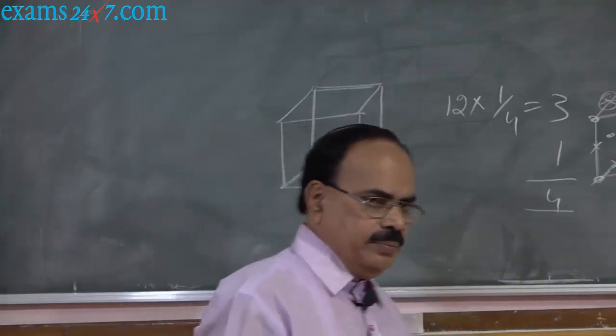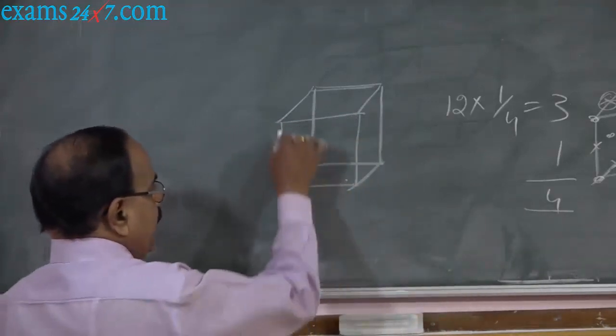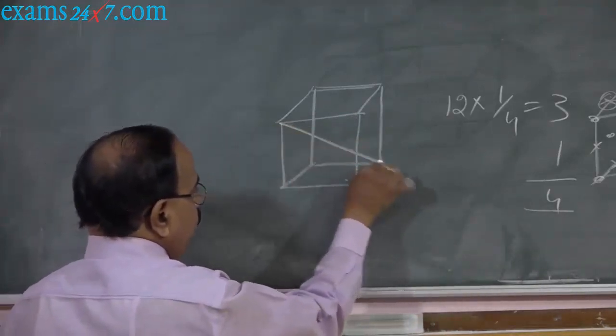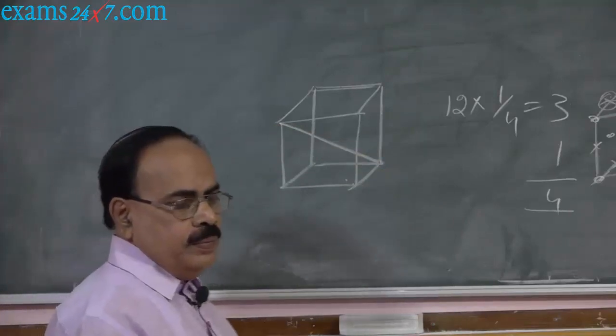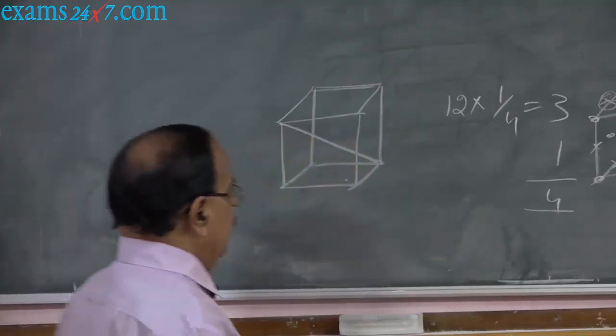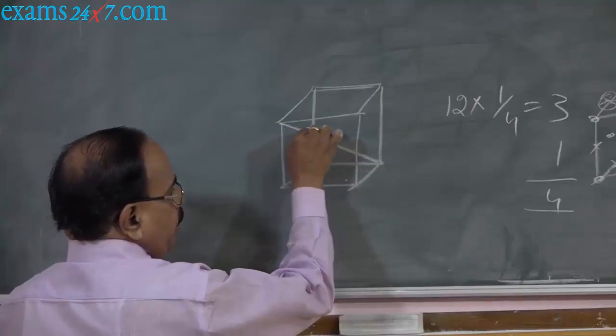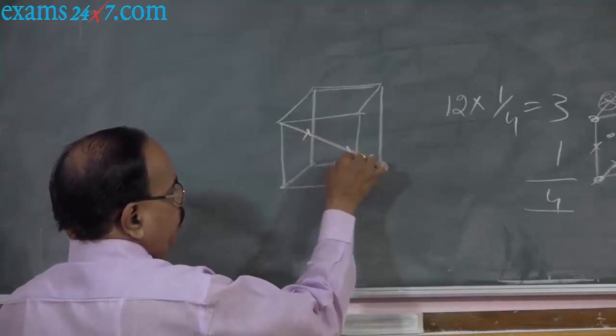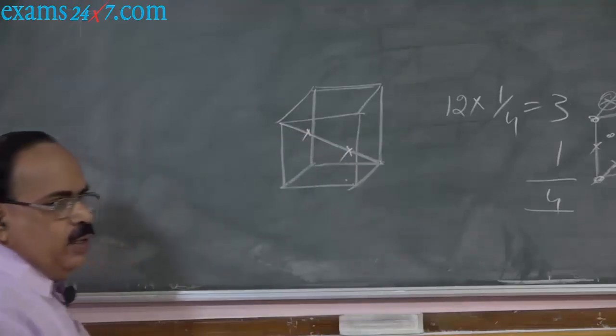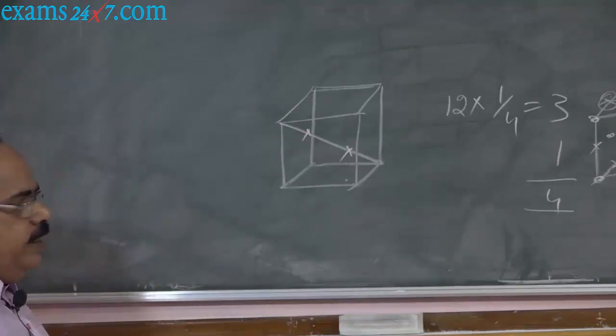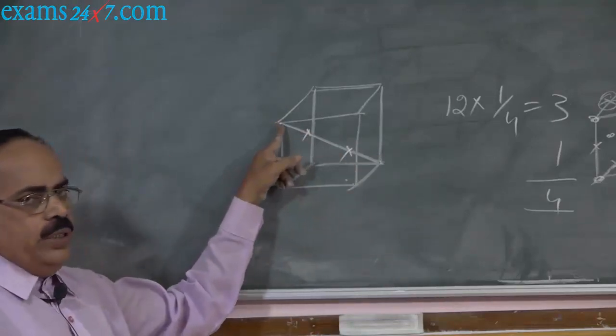Where are they? What is the site? The location is along the body diagonal of the unit cell, and it is 1/4 each.